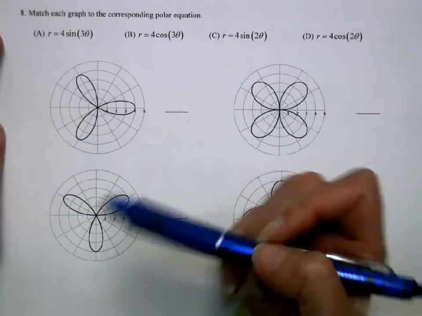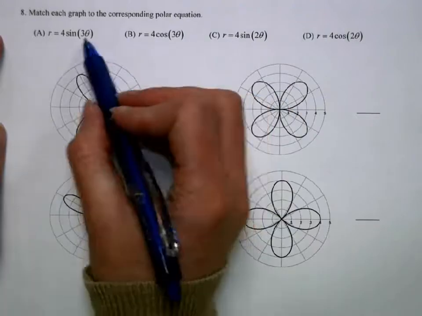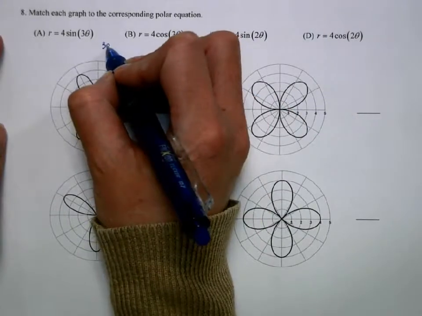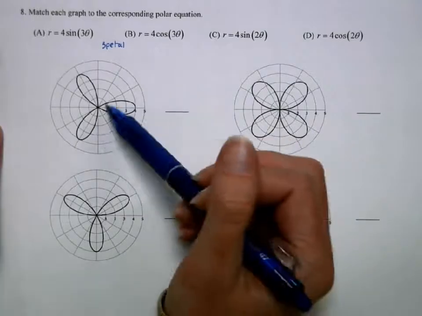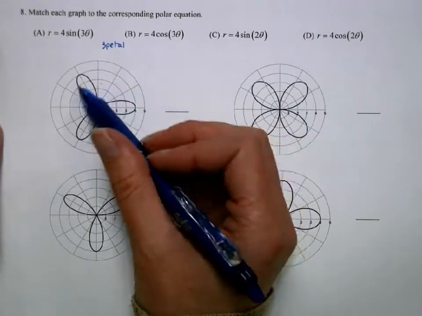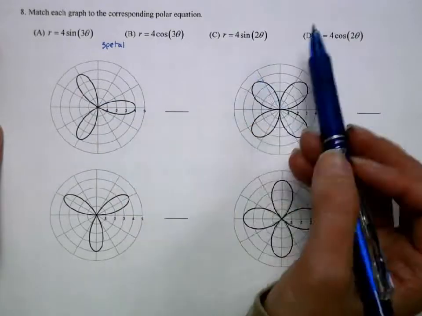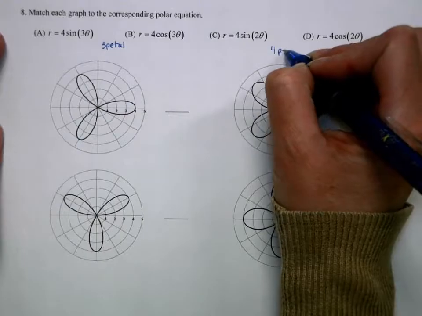These two are going to have 3 petals because when that number is odd, between 0 and 2 pi, you're going to see 3 petals. Technically, it's going to be 6, but they graph on top of each other. If it's even, you end up doubling it, so these two have 4 petals. So these two go to these ones, these two go to these ones.